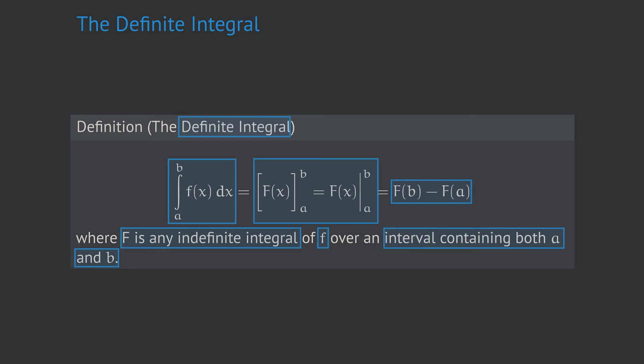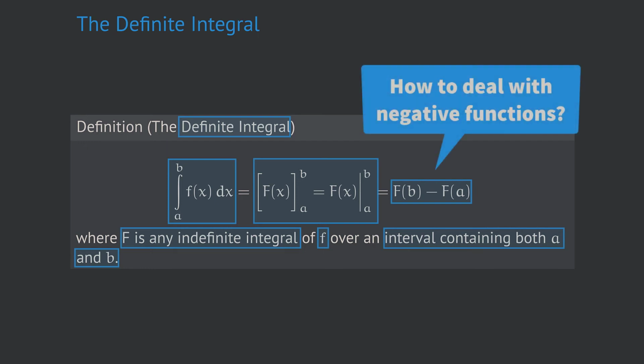Actually, there's one thing which we haven't discussed yet, because in our earlier considerations we have restricted ourselves to functions f which were non-negative. However, the function f of course also should be able to be negative. So how can the area between the graph of f and the x-axis be interpreted when f is negative?